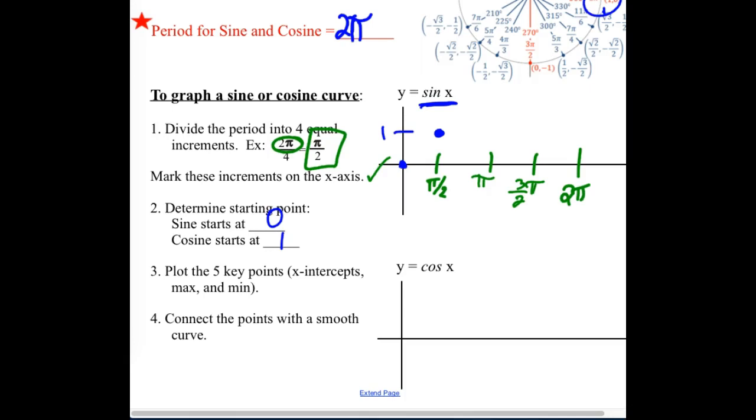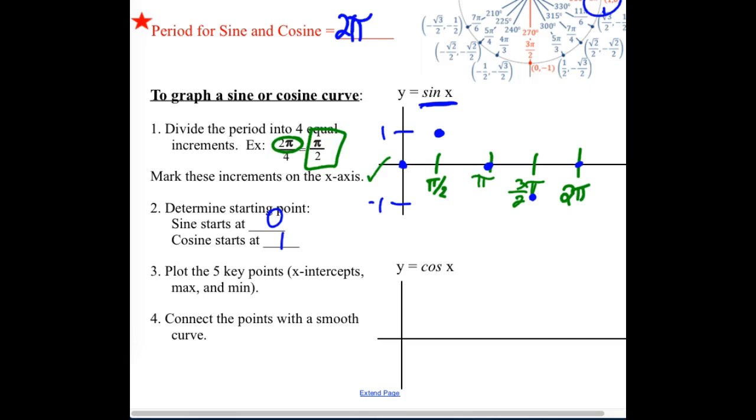Where's my sine value at pi? I'm back to 0. How about at 3 pi over 2? Think down at 270 degrees. Okay. And when I get back to 2 pi, I am back to where I started, right? At 0.